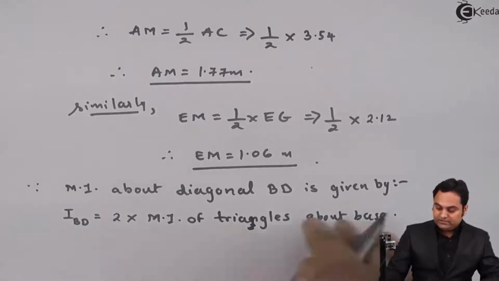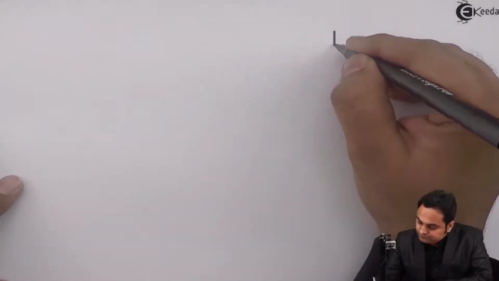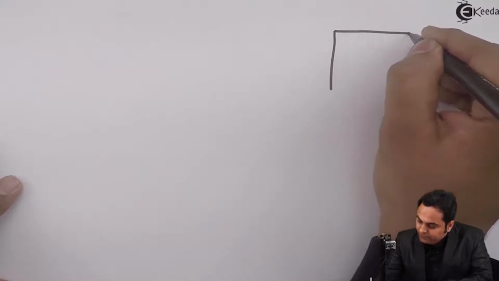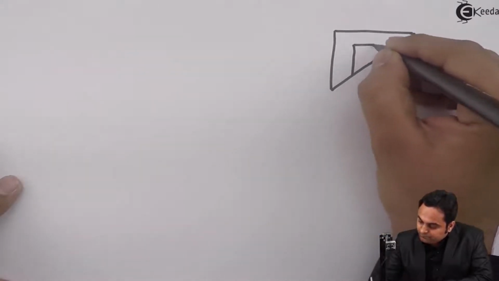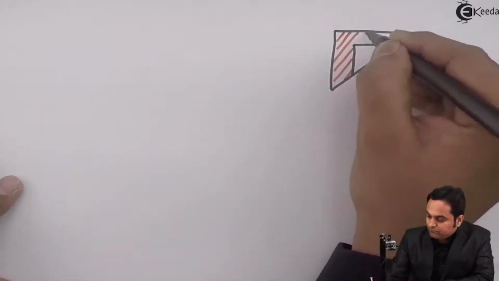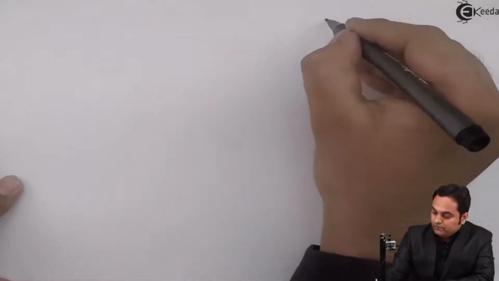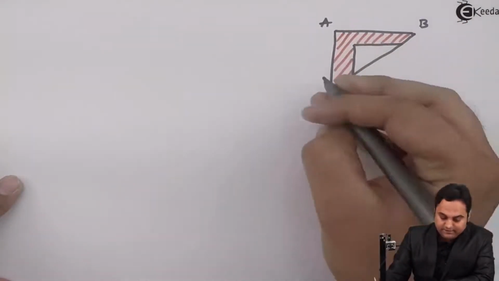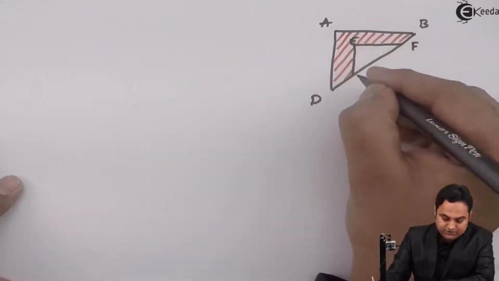So for this I'll explain it here, that I am taking only the half triangle. Here we have the outer triangle as ABD, inner triangle as EFH.